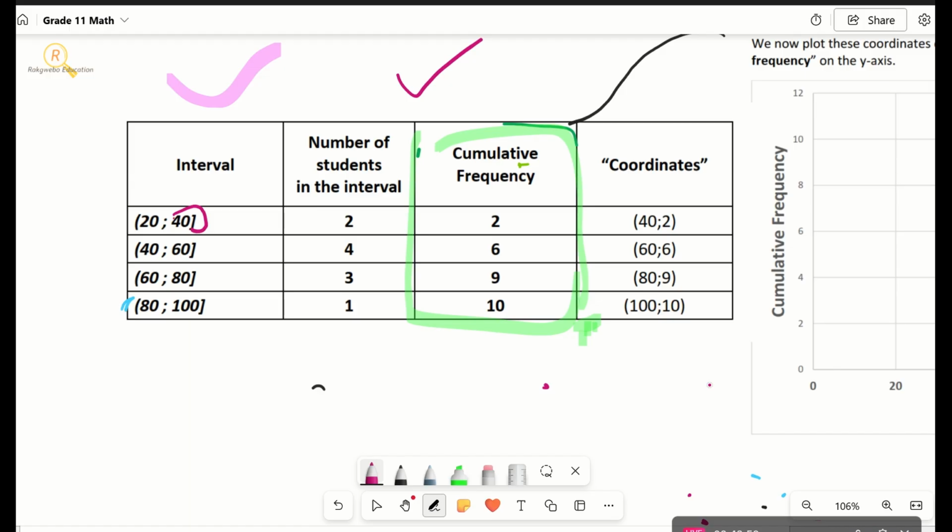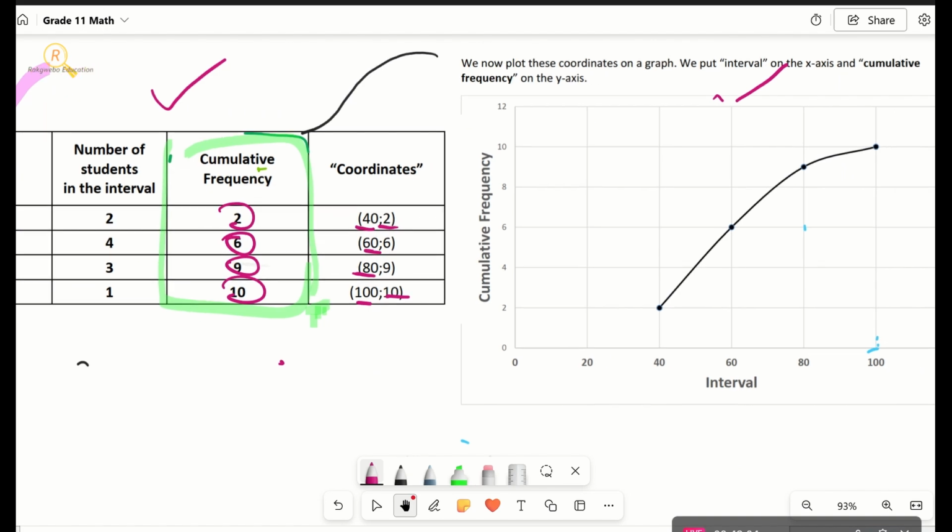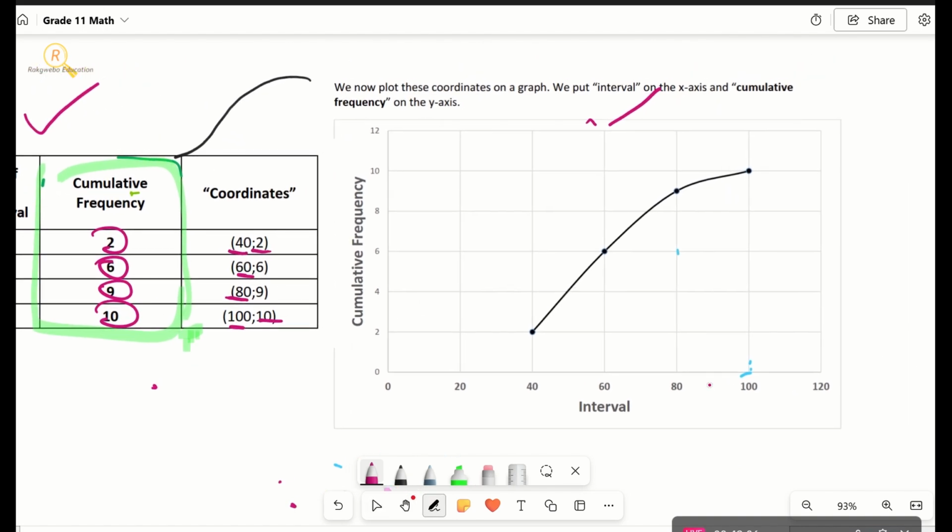So for the first point, our x coordinate is 40, and our y coordinate is this number there. Our x coordinate is 60, y coordinate this number there. Then 80, and x coordinate 100, y coordinate 10. So we drew that and put our points there. On the y-axis, we put the cumulative frequency, and on the x-axis, the interval.